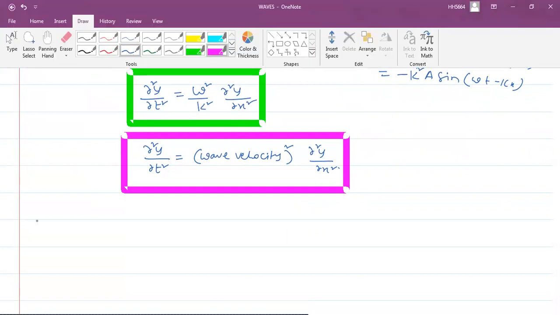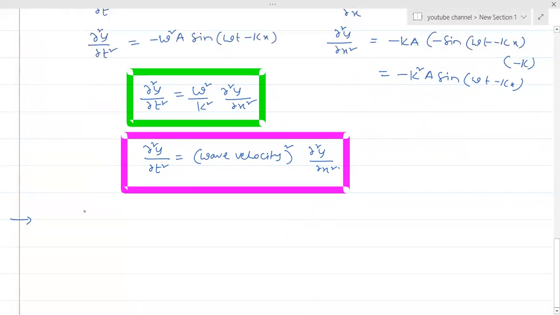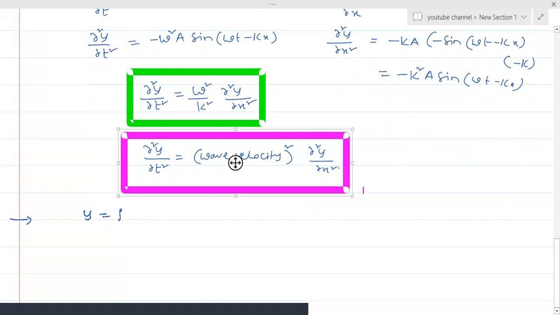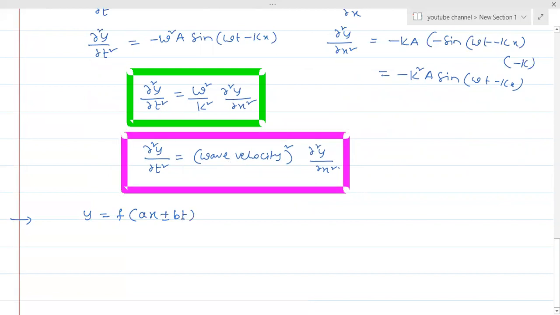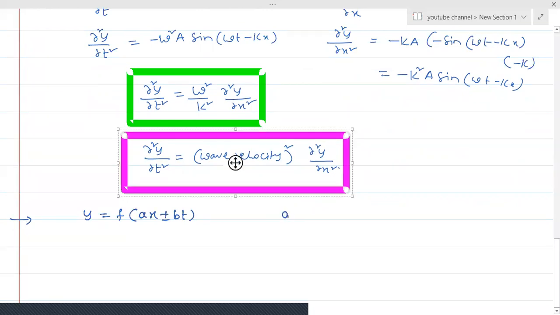And the next important point is, when y is a function of x comma t, generally it is in the form of ax plus or minus bt, where a and b are constants.